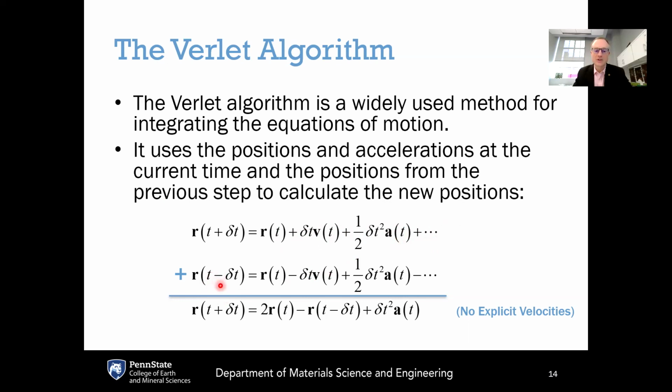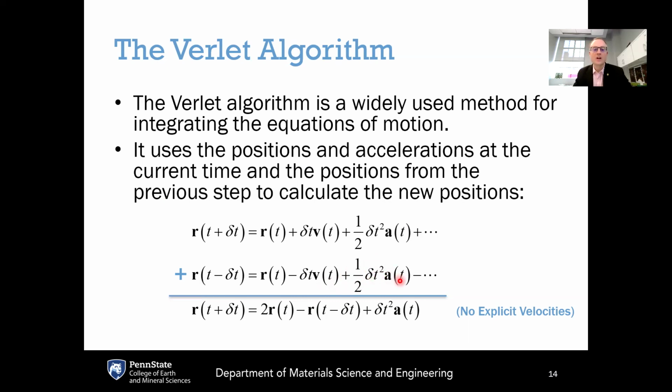Taking this position from the previous time step and doing the same type of Taylor series expansion, this is equal to r at the current time, now minus delta t, because we're going backwards in time, minus delta t times the velocity, plus 1/2 delta t squared. Notice that the minus delta t, when that gets squared, is still positive, times the acceleration.